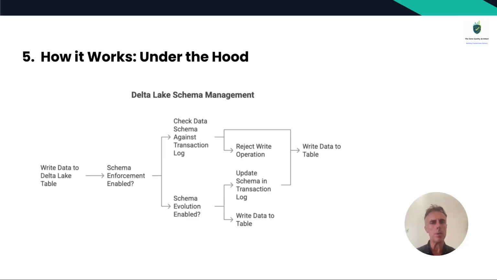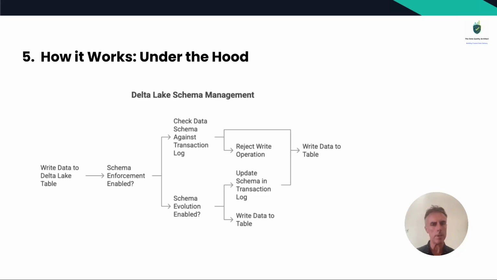Delta Lake uses the transaction log in the _delta_log folder to manage schema information along with other metadata about the table. When you write data to a Delta Lake table, Delta Lake checks the schema of the data against the schema stored in the transaction log.